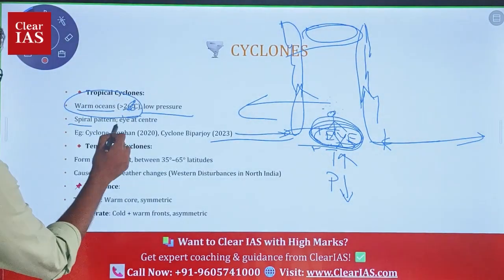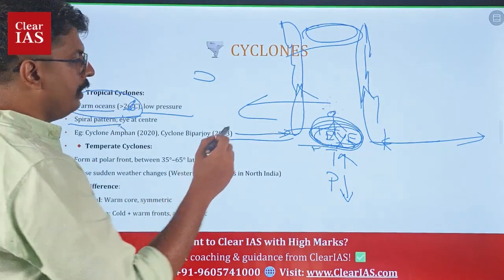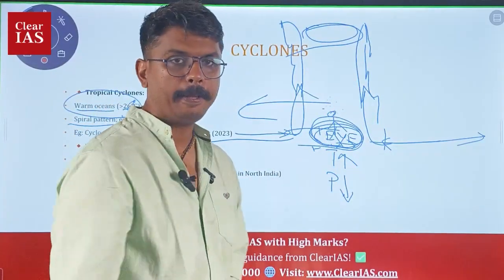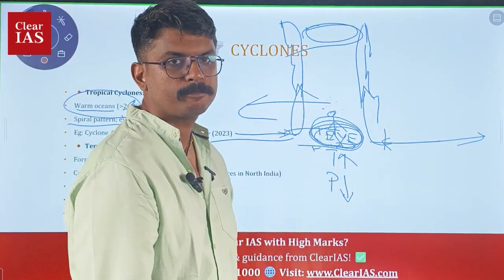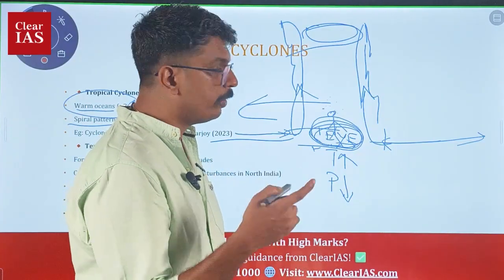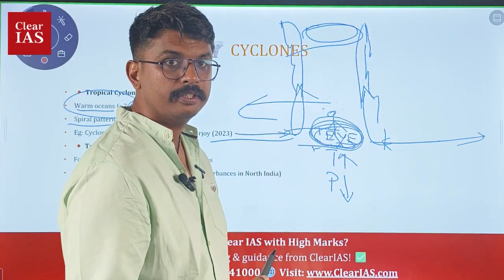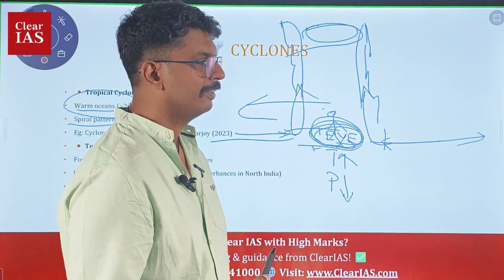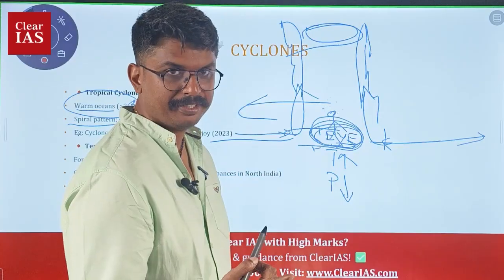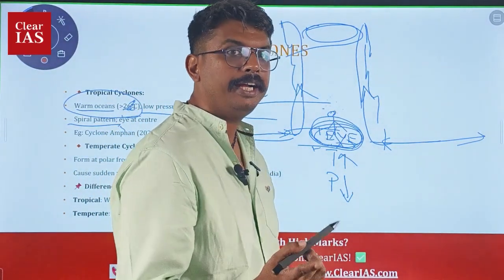So, the spiral pattern, we know that the spiral pattern happens. Why does the spiral pattern happen? Due to the Coriolis force. Very good. And you tell me the Coriolis deflection in the northern hemisphere is in which direction? To the right in the northern hemisphere.